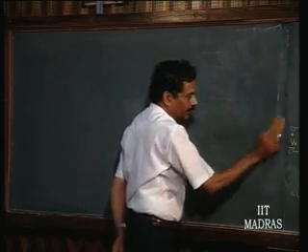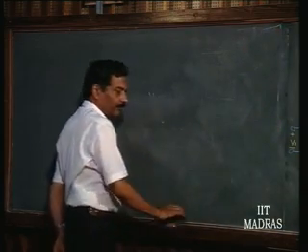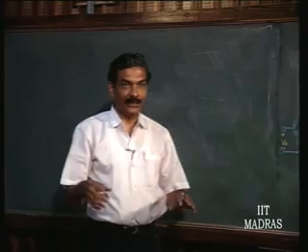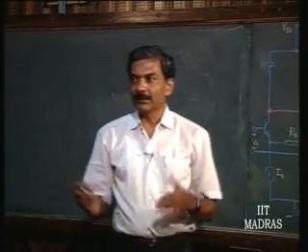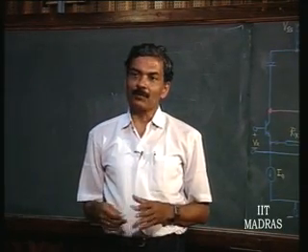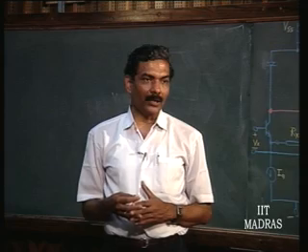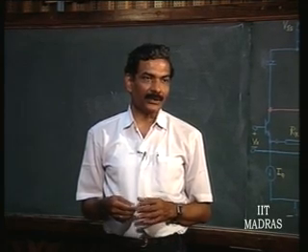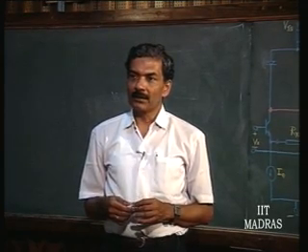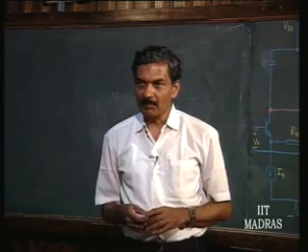The next type, which we will discuss in detail in the next class, is obviously one of the most popular IC multipliers for precision operations, called the transconductance type of multiplier.